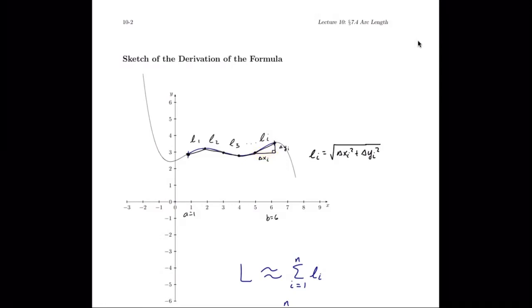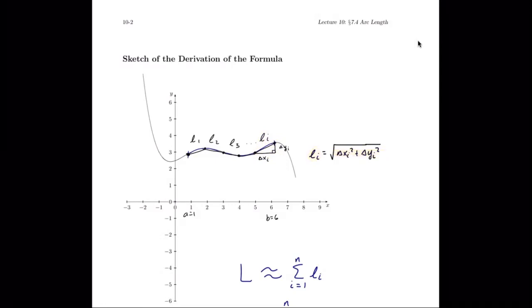We have some distance that we move along the y-axis. And, of course, those x and y components are 90 degrees from each other. So we have a right triangle, and the hypotenuse of that right triangle is Li. So that means that Li squared is equal to delta xi squared plus delta yi squared. If we take the square root of both sides, we get that Li is equal to this radical expression on the right. So that's for one line segment.